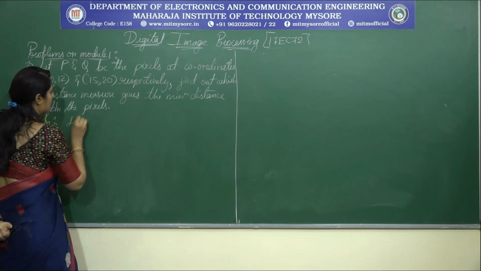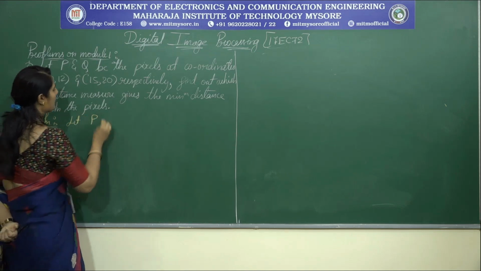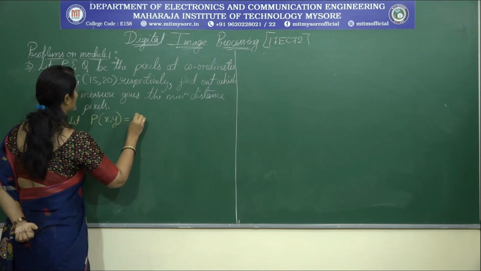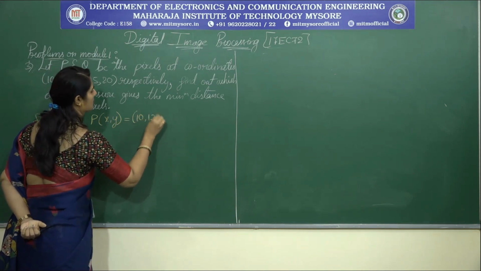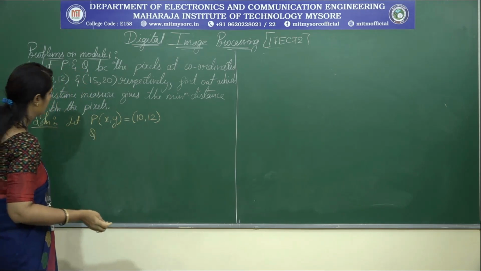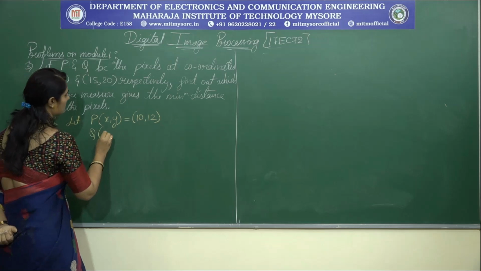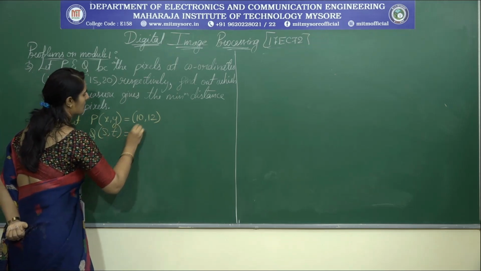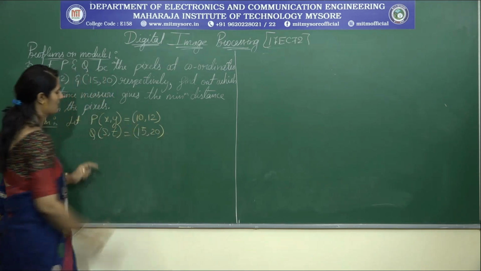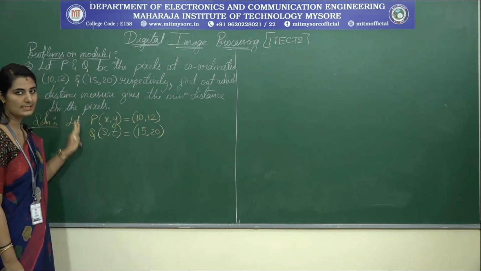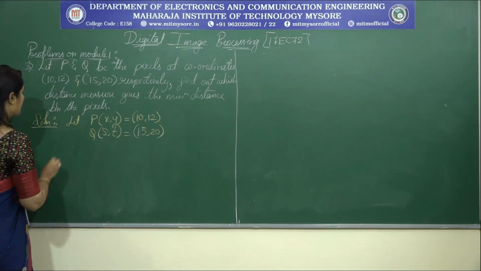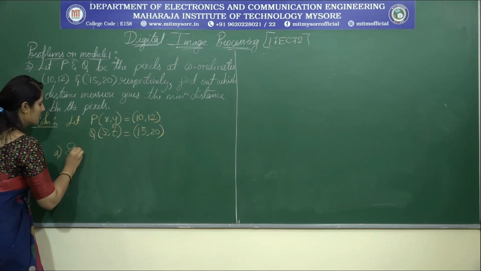Okay. So now for that, let me consider the two pixels. Let P have the coordinates x comma y, which is equal to (10, 12), and Q have the coordinates s comma t, that is (15, 20). Right. So we need to find out the distance between these two pixels using the distance measure formula. First I'll use Euclidean distance.